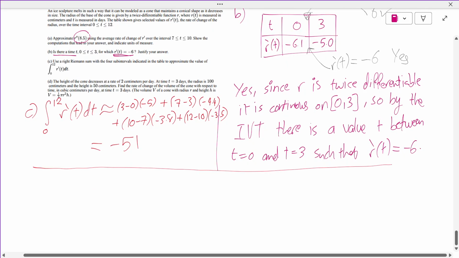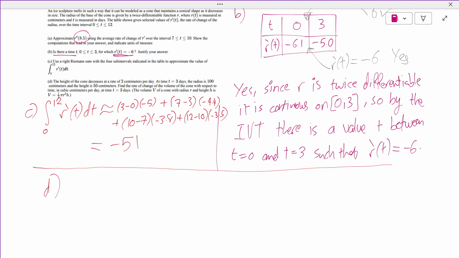What does it say? The height of the cone decreases at a rate. So dh over dt of the cone is decreasing, so it's negative 2 centimeters per day.